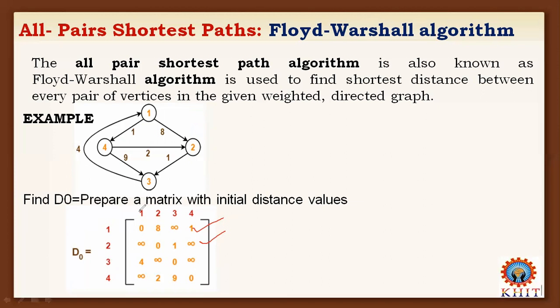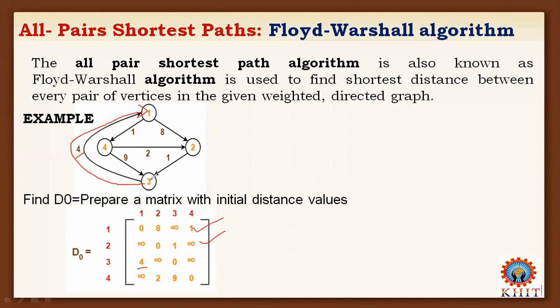Vertex 3 to vertex 1. There is a direct path that exists from vertex 3 to vertex 1, so you simply have to mention the weight, which is 4. And next find the distance from vertex 3 to vertex 2.